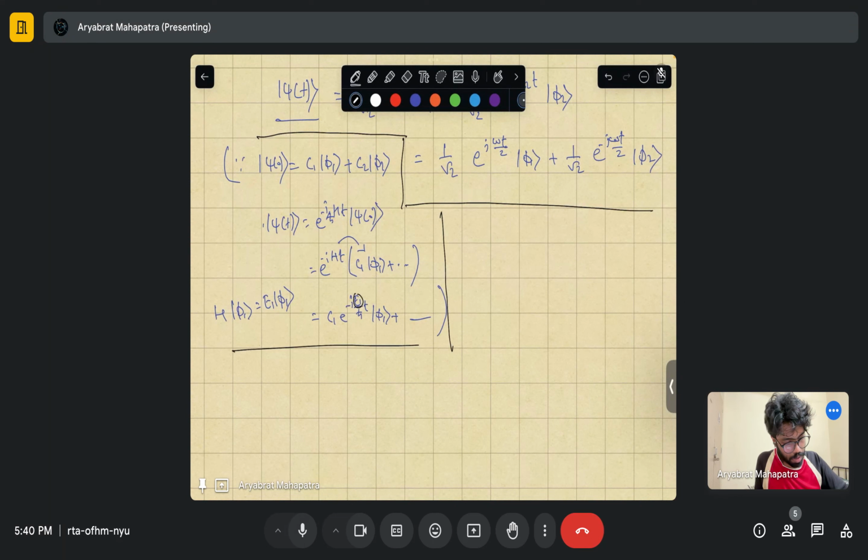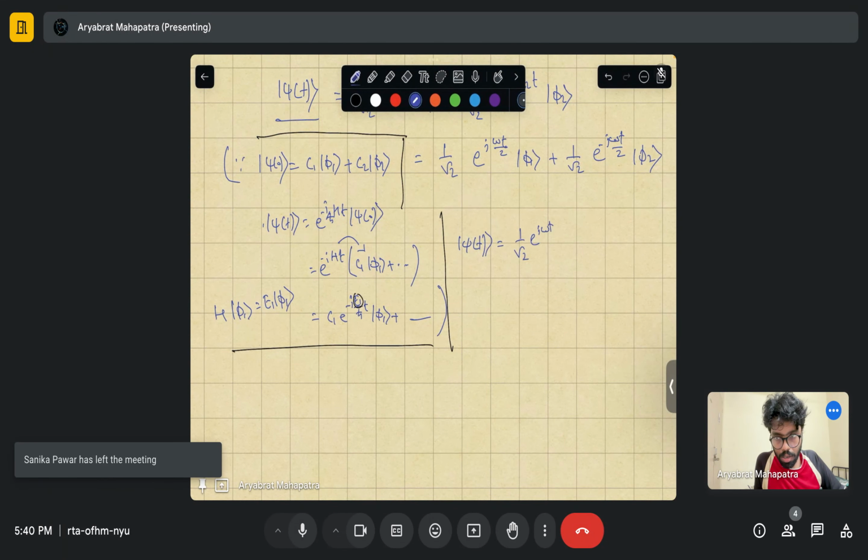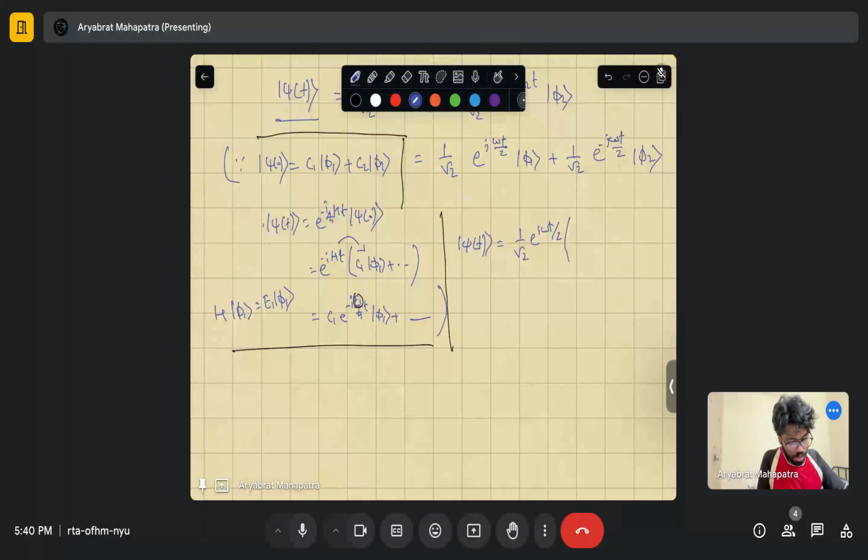I can write psi t as 1 by root 2 e to the power I omega t by 2 times 1 by root 2, i by root 2.